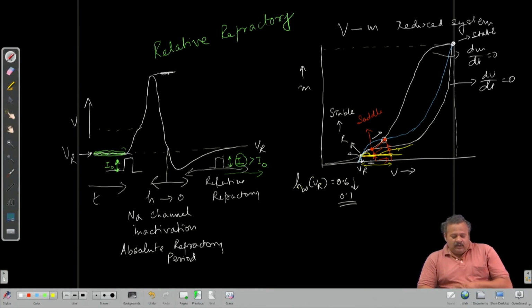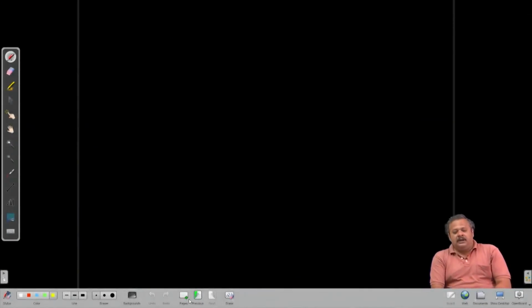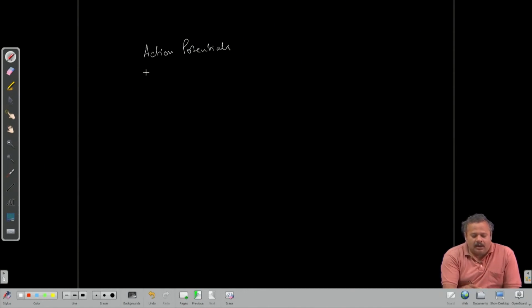With this discussion, we come towards the close of our first section, and we will discuss a few points that we have made so far. One of the most important points is that action potentials are all or none events, and that is because neurons have a threshold, or rather a true threshold.